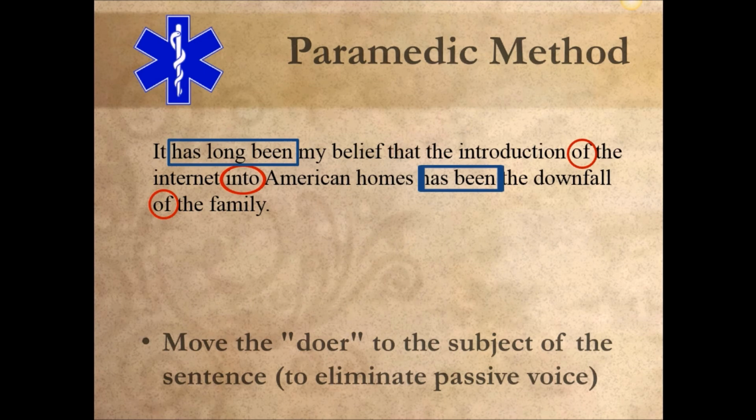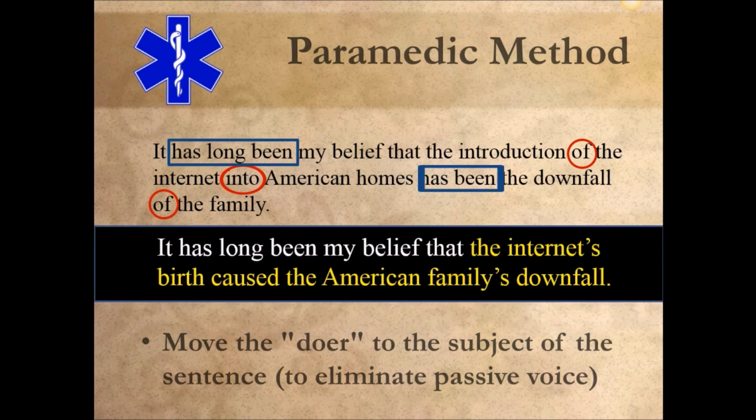Move the doer. In this case, we have 2 subjects, into the right spot. That requires us to get rid of those prepositional phrases now. So we start to have a sentence that looks like this. It has long been my belief that the internet's birth, I just chose one of those words, caused, we got rid of the to be verb, the American family's downfall.